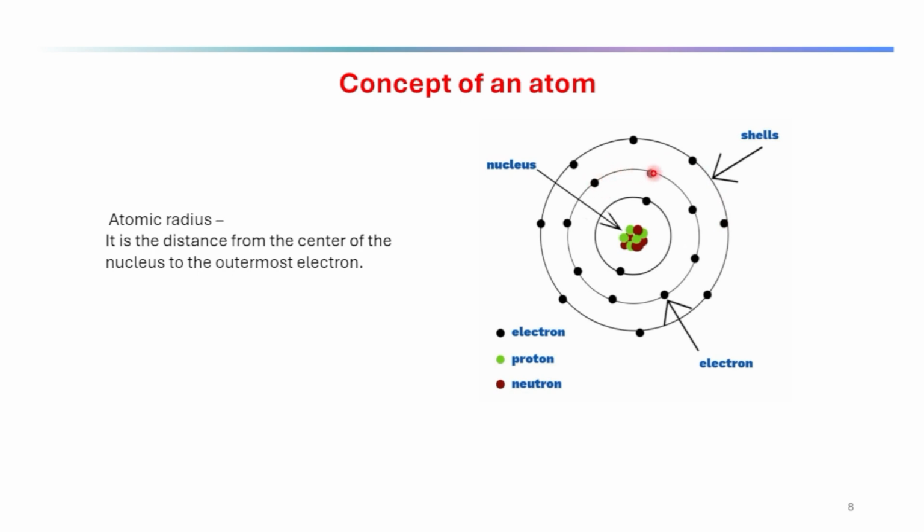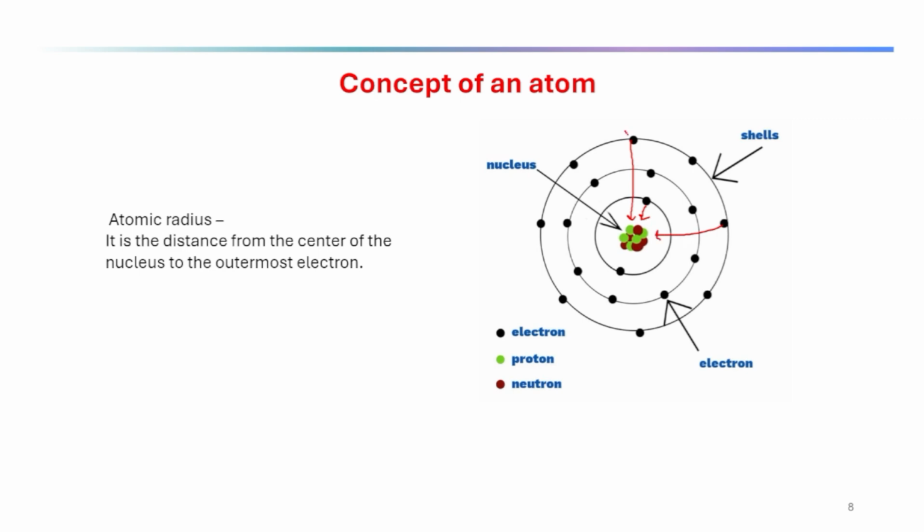So in some special cases, these orbits get more compressed. For example, this electron will feel some attraction toward this side. Again, this electron will also feel attraction towards the nucleus, right? All the electrons in the same orbit will have a similar type of attraction.